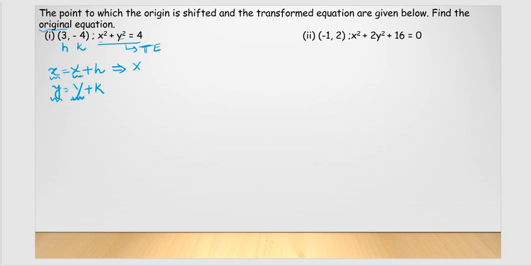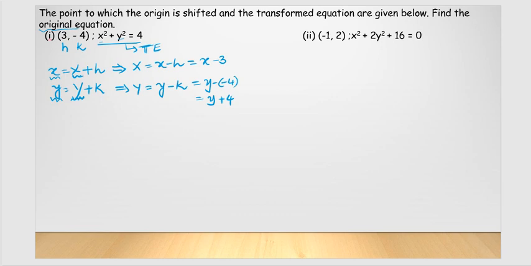So what is capital X from this? Capital X is equal to small x minus h, capital Y is equal to small y minus k. Now substitute the values. Small x is small x only, minus h is nothing but minus 3. Here y minus of minus 4, which is nothing but y plus 4.